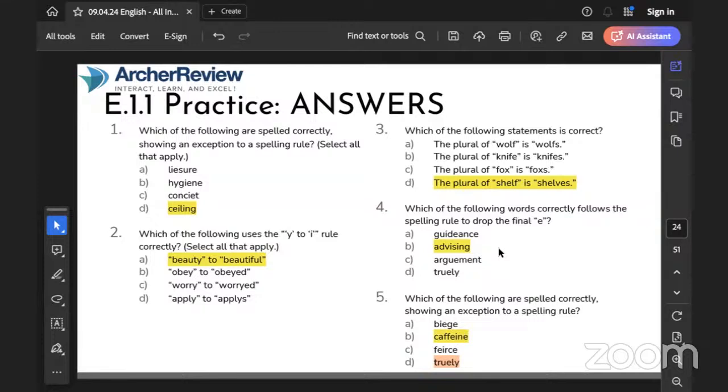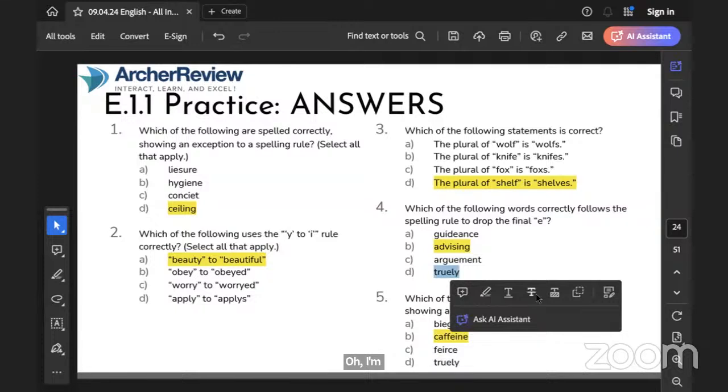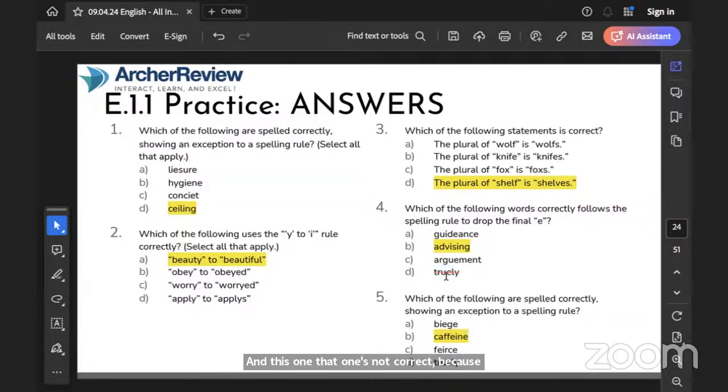Oh, I'm sorry, y'all. That one's not correct, because it should be T-R-U-L-E-Y.